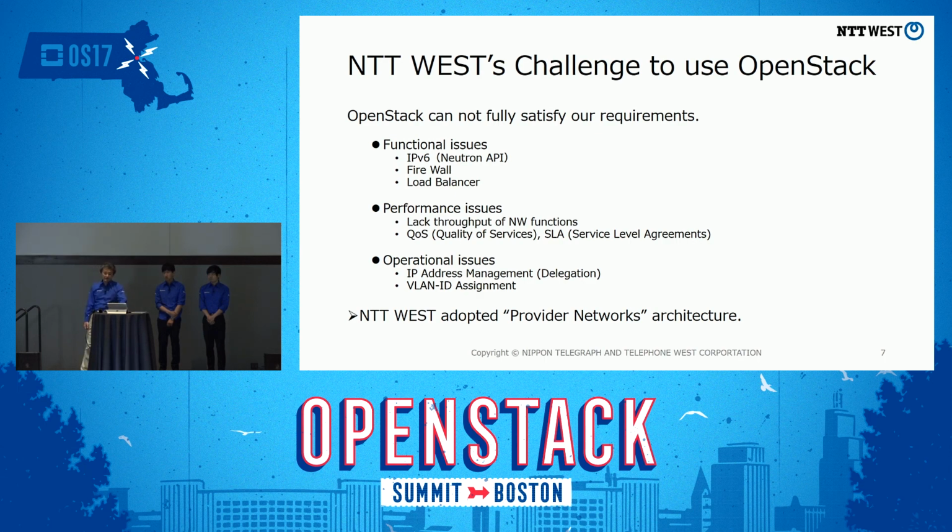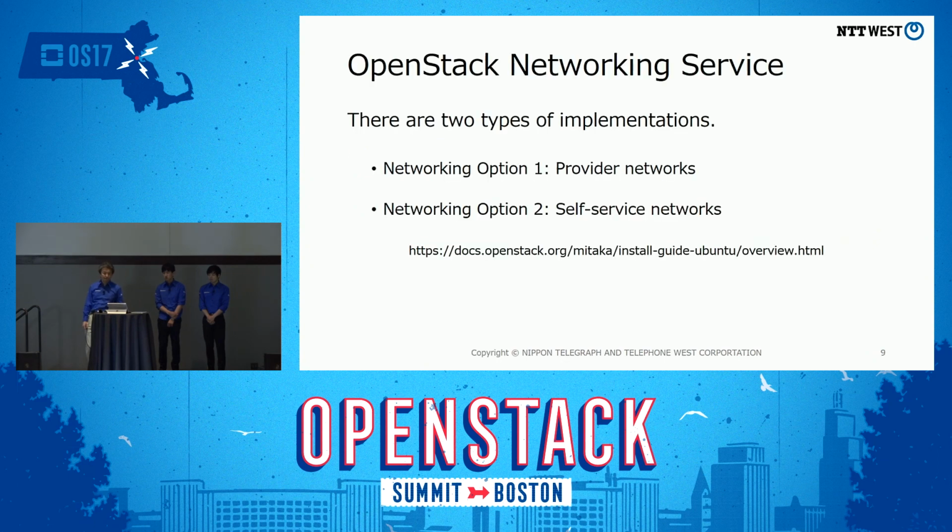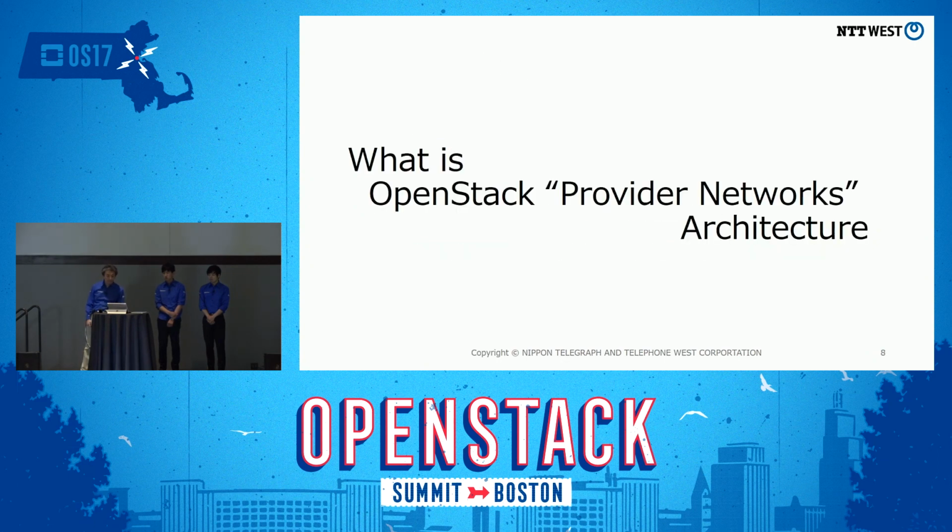We recognized these challenges, and we could not solve it alone. Therefore, we decided to adopt OpenStack provider networks design when introducing OpenStack. In the next section, we introduce what OpenStack provider networks design is.